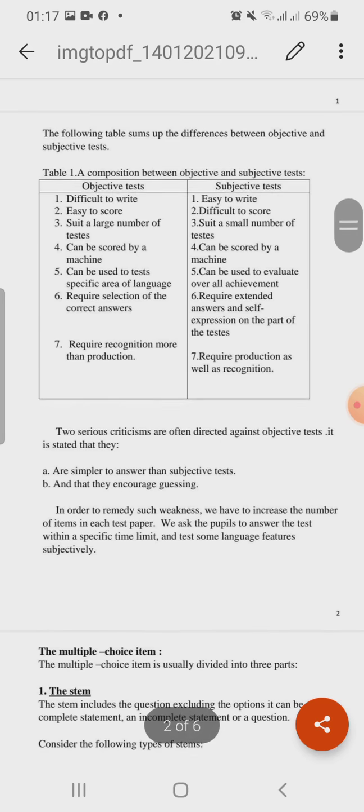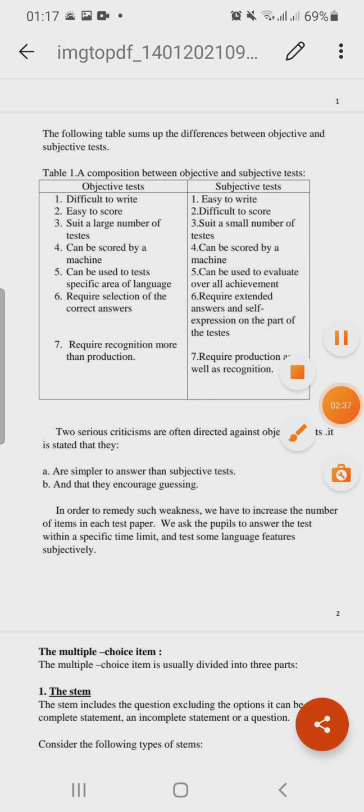Number 5: objective tests can be used to test a specific area of language ممكن استخدام الاختبارات الموضوعية حتى نشوف نتيجة موضوع معين من اللغة. Number 5 on the subjective test: can be used to evaluate overall achievement التحصيل بالمجمل. Number 6: objective tests require selection of the correct answer يعني يطلب تحديد للإجابة الصحيحة، إجابة صحيحة محددة لازم تكون.